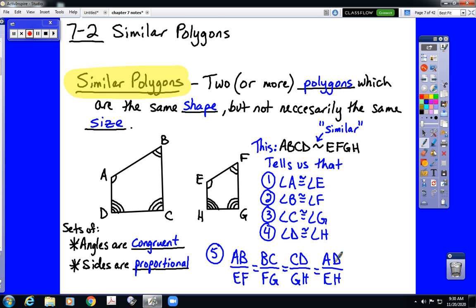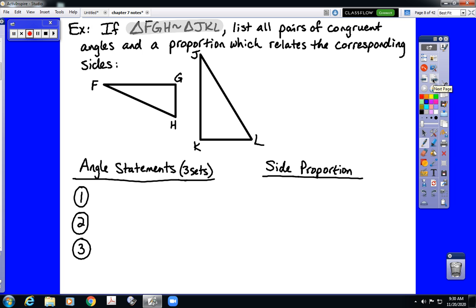Okay, so the first type of problem you're going to see is they're going to give you a similarity statement. They're going to ask you to write out exactly what we just wrote out, the angle congruent statements and the side proportion. So if triangle FGH is similar to triangle JKL, list all pairs of congruent angles and a proportion which relates the corresponding sides.